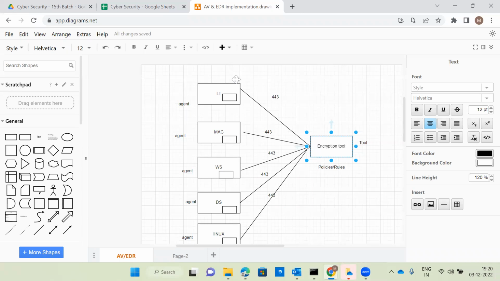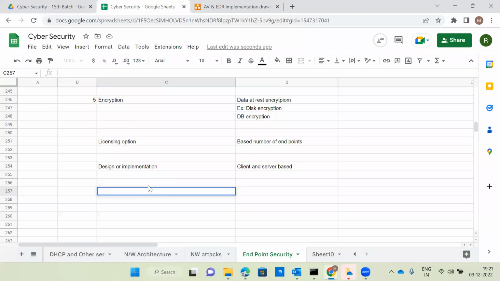If the laptop disk is not encrypted, an alert will be generated: so and so laptop is not encrypted, or the encryption agent is sleeping, inactive, or in unknown status. The encryption agent should always be in active status.